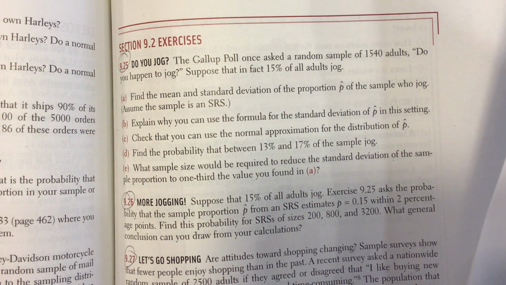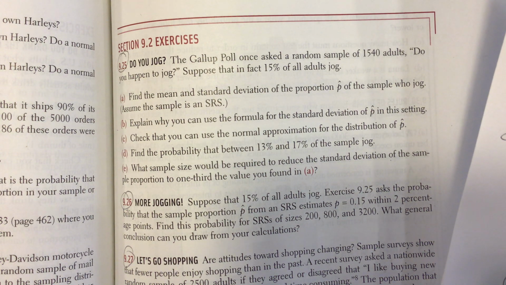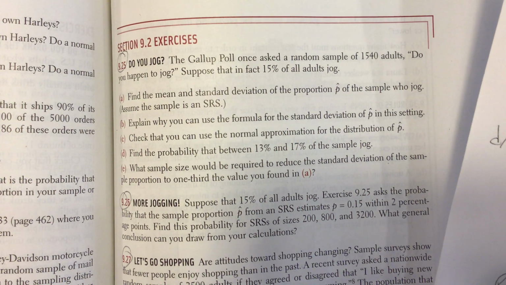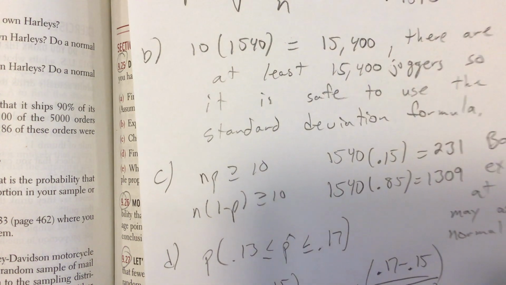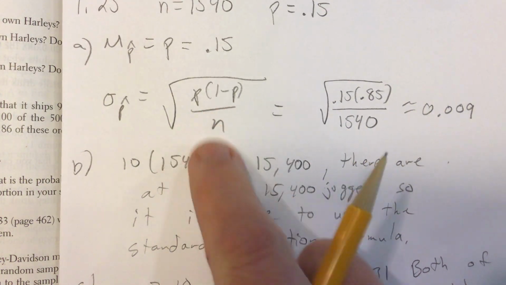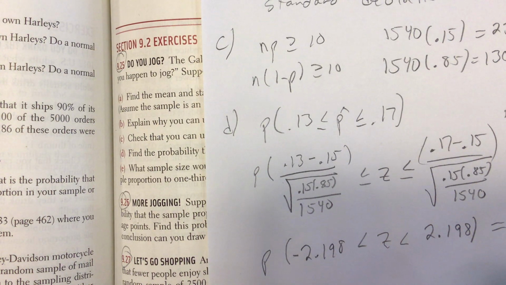All right. Letter E, what sample size would be required to reduce the standard deviation of the sample proportion to 1/3? Okay. You can use the formula, right? But you can also realize, again, we have the square root of n in the denominator. So if I want that after I square root it to be 1/3, I just need to multiply by 9. So that's what I would do.